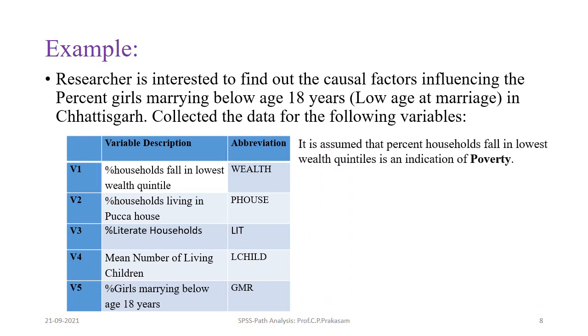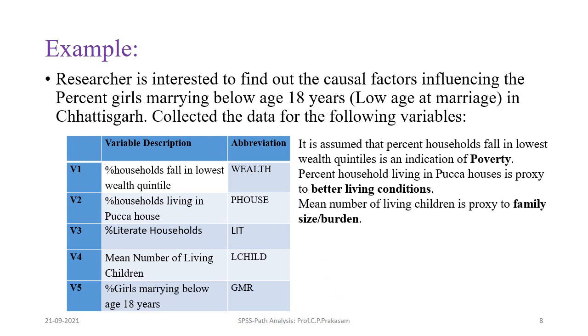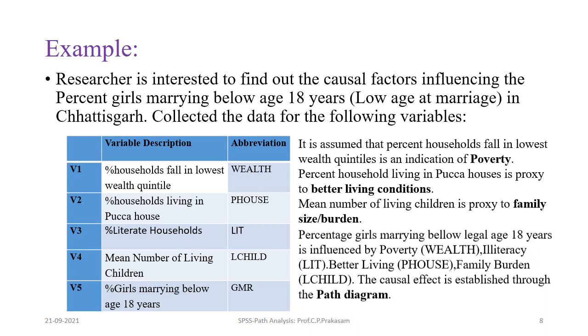It is assumed that the percentage of households falling in the lowest wealth quintile is an indication of poverty, and the percentage of households living in Pakka houses is a proxy for better living condition, and mean number of living children is a proxy for family size and family burden.